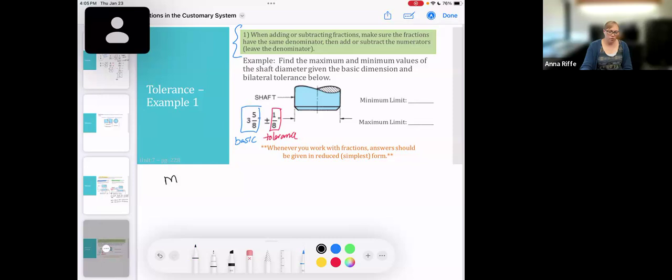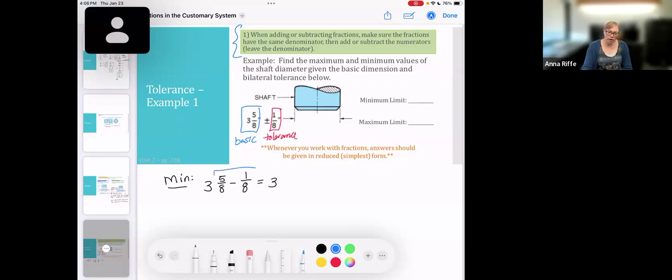To find the minimum limit, we're going to take the basic dimension, 3 5/8, and subtract the tolerance, 1/8. We can note here that we're taking 3 inches plus a part of an inch, minus a part of an inch. So the number of whole inches remains.